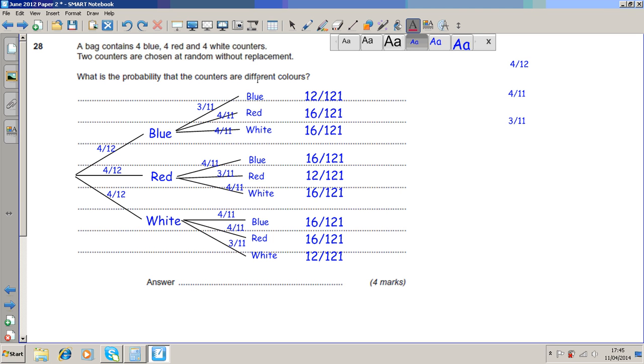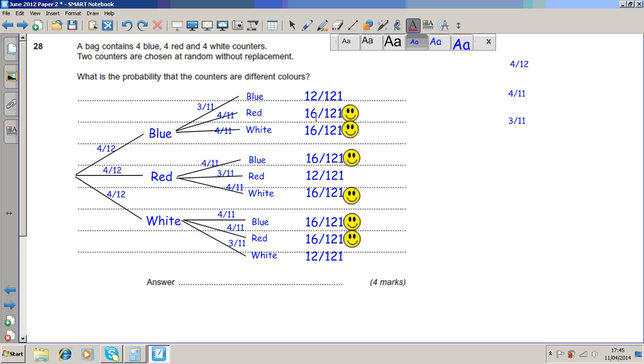We are looking for different colours. So we can't have blue and blue. Let's put a smiley face by each one. So blue and blue is no good, but blue and red is fine, and blue and white is fine. Red and blue is fine, red and red's no good, but red and white is fine. White and blue is fine, white and red is fine, but white and white is no good.